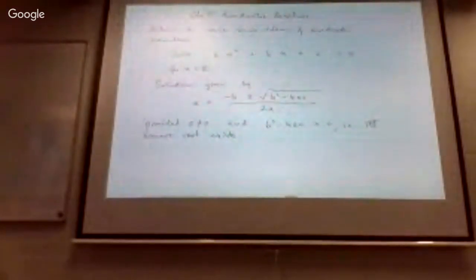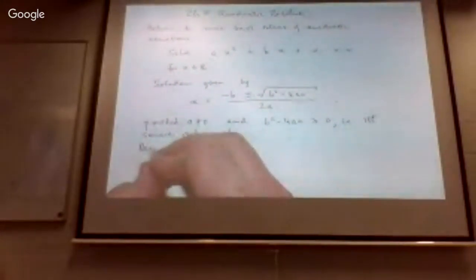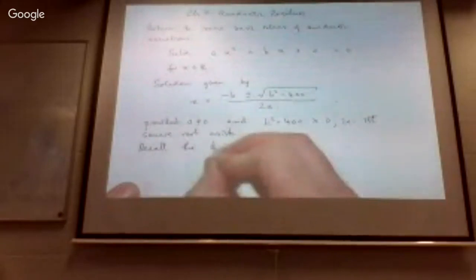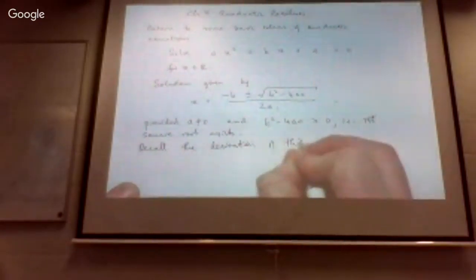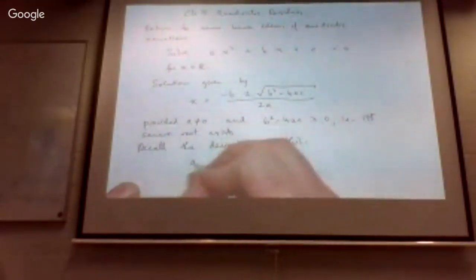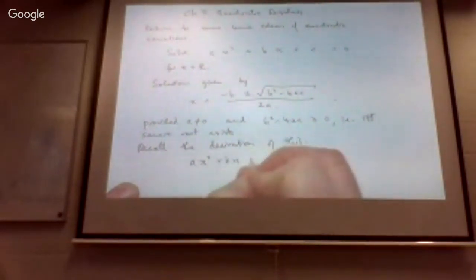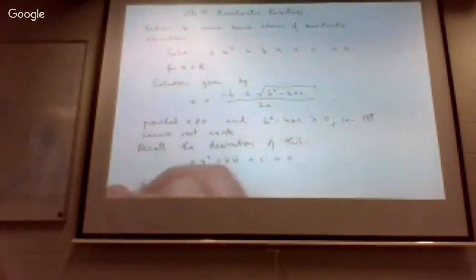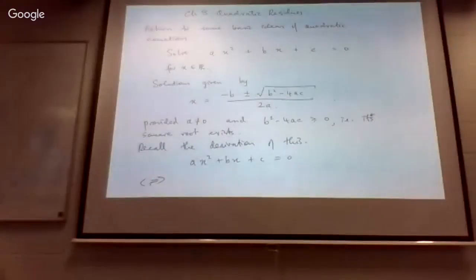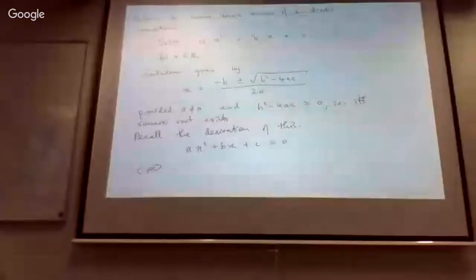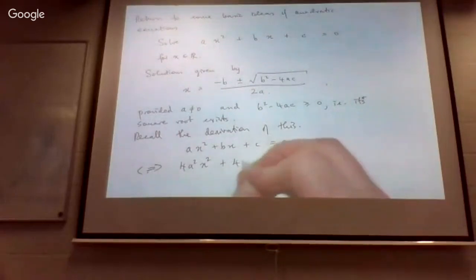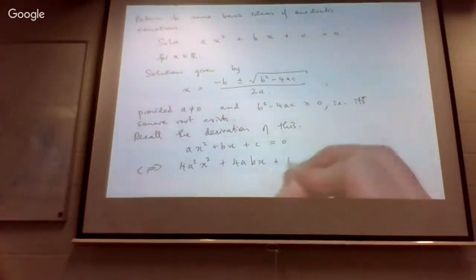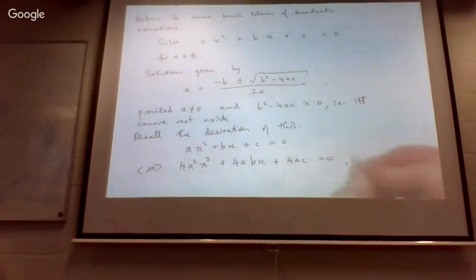Okay, so everybody remembers this. Let's recall the derivation of this formula. How do you derive it? So you've got the original equation. Well, the most straightforward way to do it is to multiply both sides of the equation by 4a, first of all.